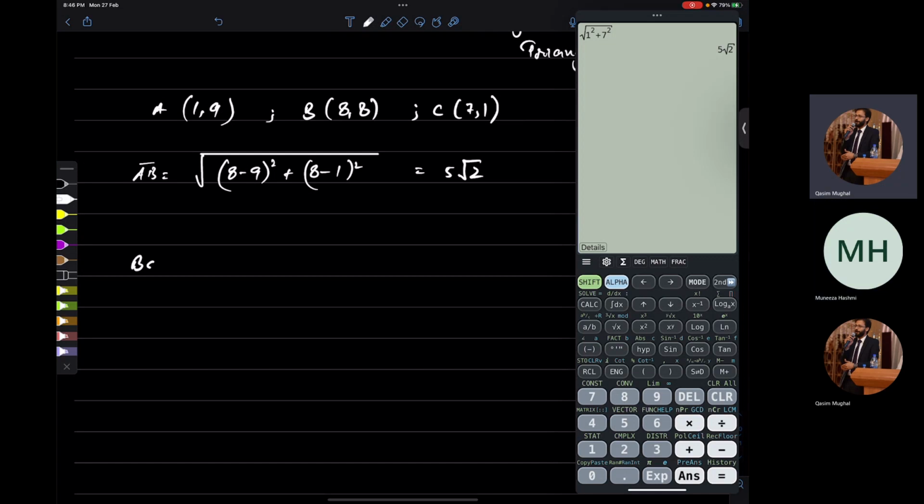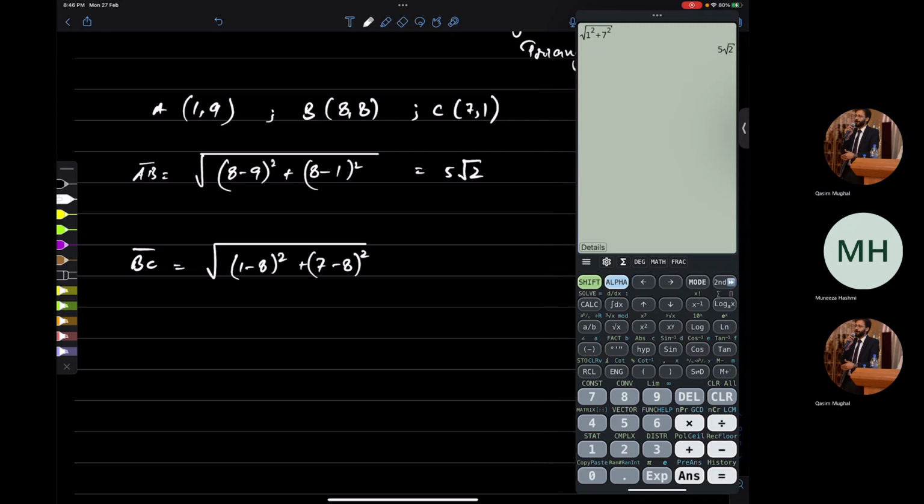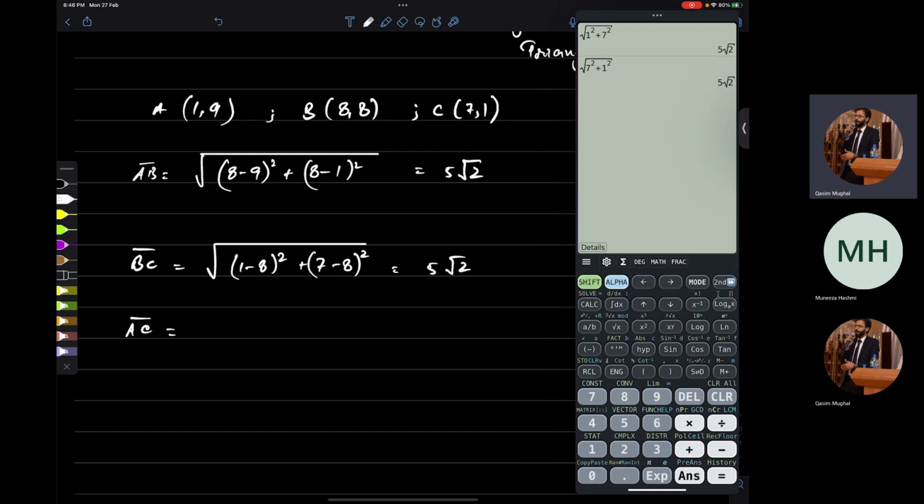Let's just work out BC. BC is going to be root of 1 minus 8 whole squared plus 7 minus 8 whole squared. So that will leave you with 7 squared plus 1 squared, which is the same as before, 5 root 2. Now let's just work out AC.